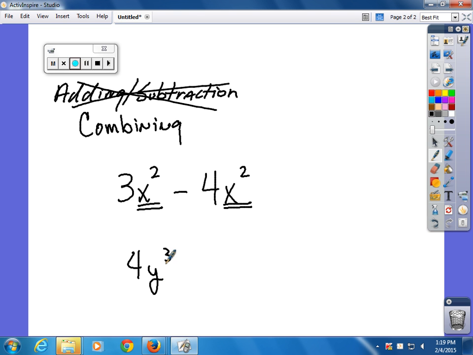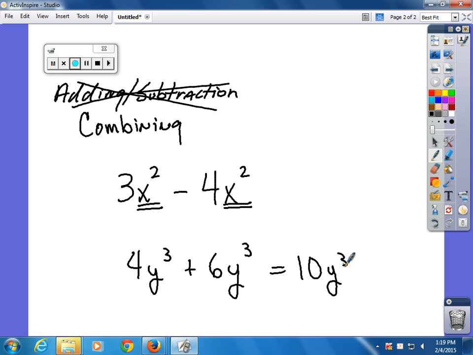4y to the third plus 6y to the third. This is 4 cans of oil plus 6 cans of oil is equal to 10 cans of oil. See, the label does not change. So if you're adding and subtracting terms with exponents, the term and the exponent has to be identical, or the base of the exponent.